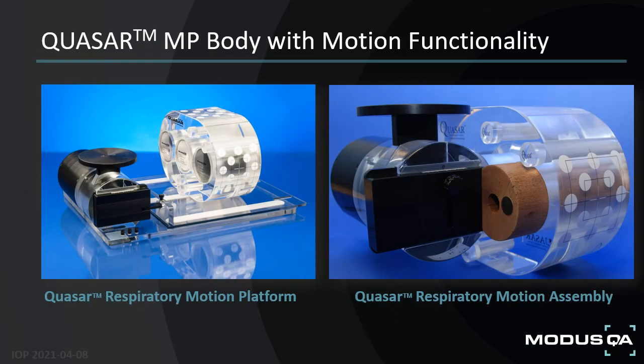And so, due to increasing technological advances, especially with in-room imaging, a possible consideration for SBRT is the implementation of a motion management strategy. Without motion management, treatment volumes that were so well defined and verified with the MP body during the treatment planning process might need to be significantly increased to compensate for the possible positional and anatomical changes with patient respiratory motion, and that can cause unnecessary radiation of healthy tissues.